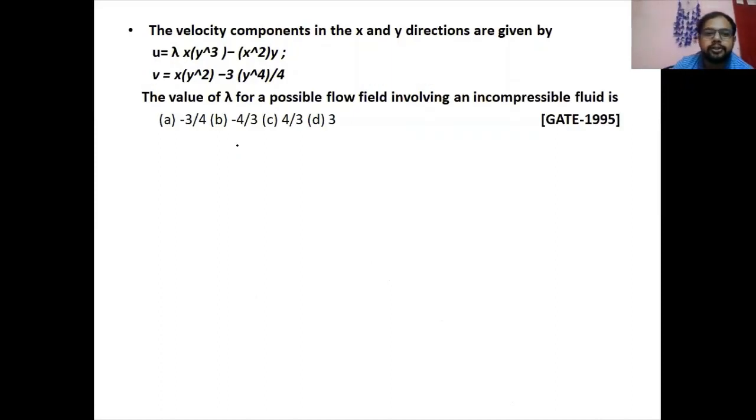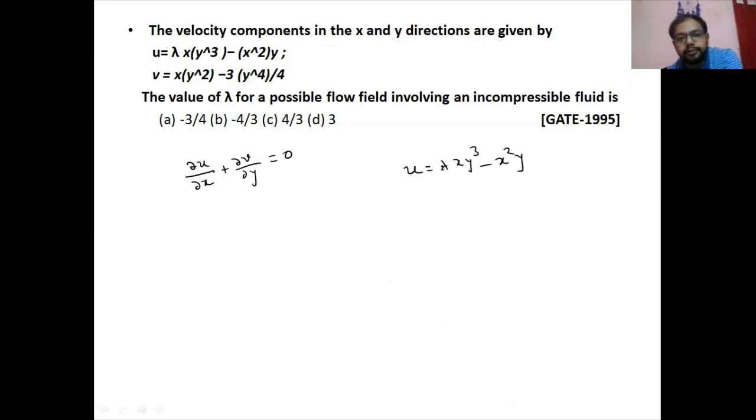This question also has u and v given. You are asked to find out the lambda value for incompressible flow. So you just check that du dx plus dv dy is equal to 0. u is already given to you. U is lambda x y cube minus x square y.